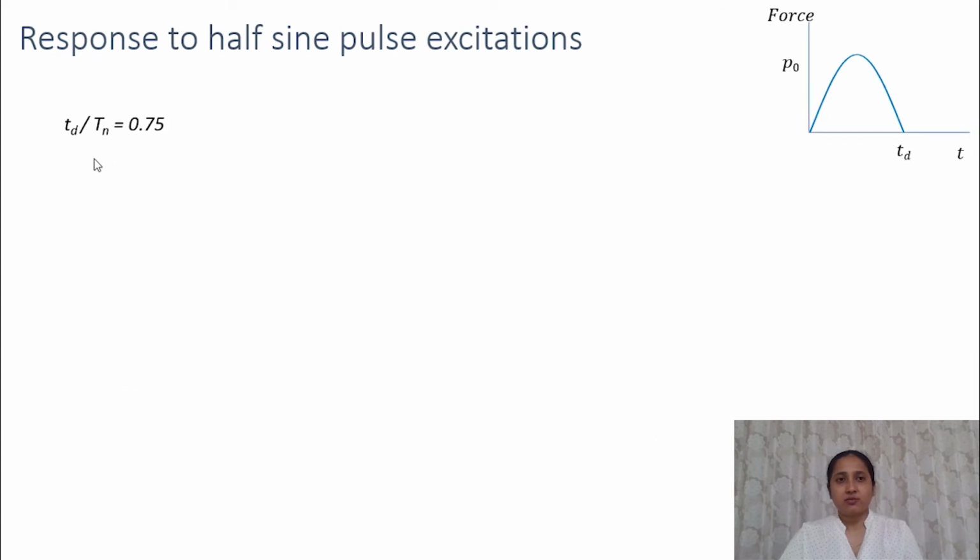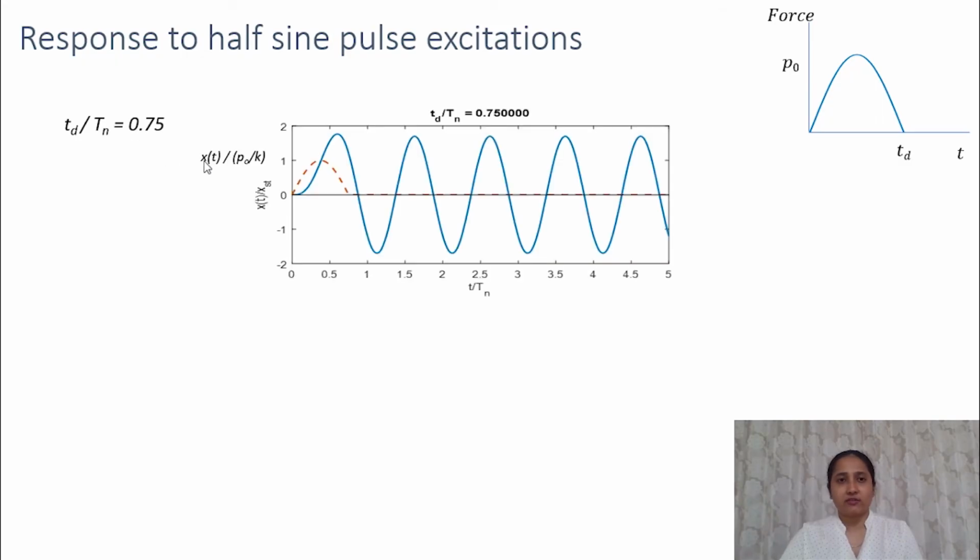Now let's see the response for another value of Td by Tn, that is 0.75. Here the maximum response happens during the pulse itself. This is the static response. The maximum value of the dynamic response occurs here, during the force, within the pulse.